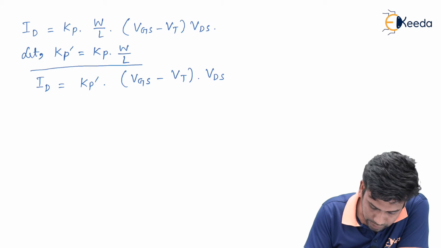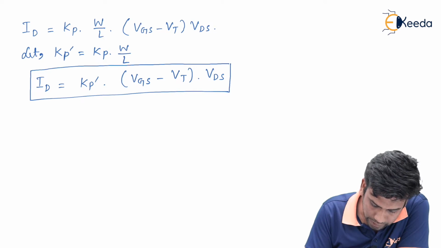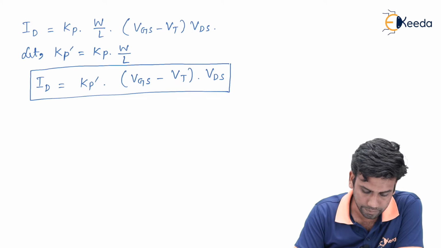So this equation is the final equation of the ID in the triode region.